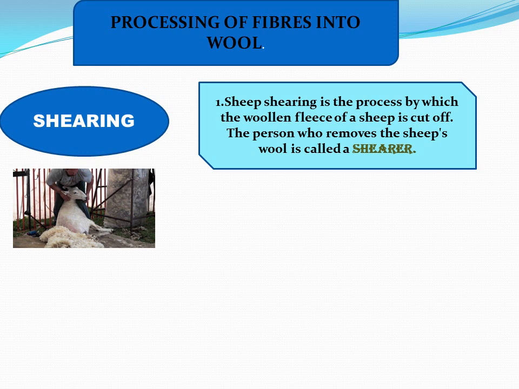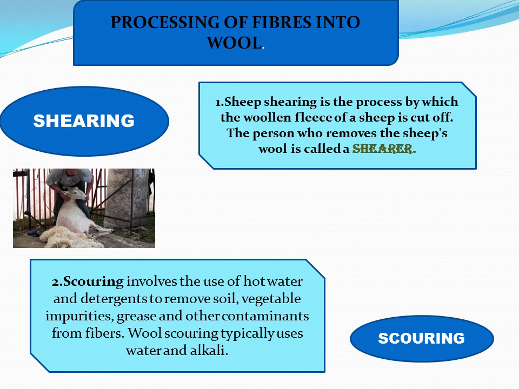Usually, the process of shearing is done in the summers. This is because if the hairs are removed, then also the sheep is able to survive. The next process is scouring. It involves the use of hot water and detergents to remove the soil, vegetable impurities, grease and other contaminants from the fibers which are obtained after shearing.